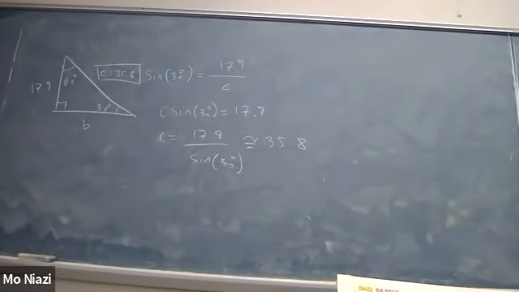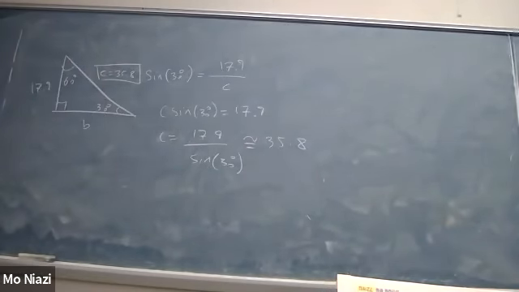You got another right triangle. So then we got A, B, and C. Here's little c. Here's little a. And here's little b.